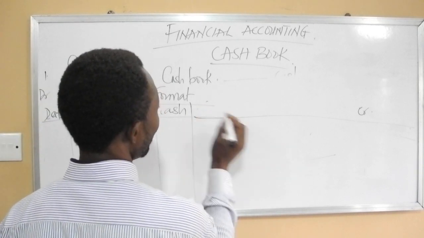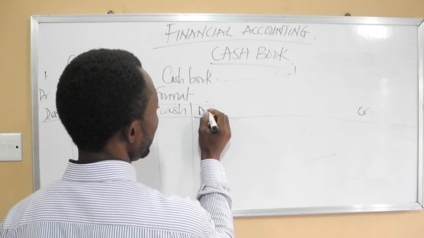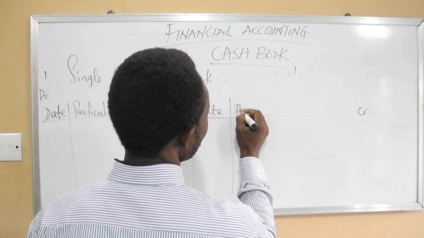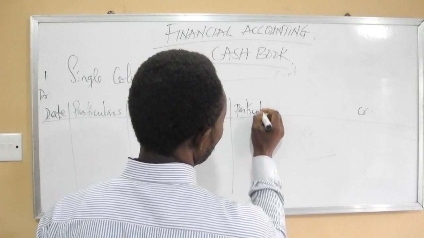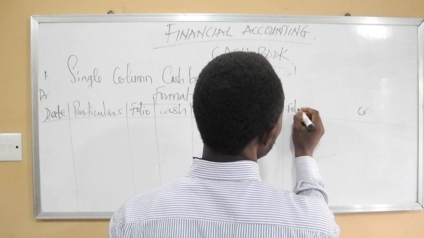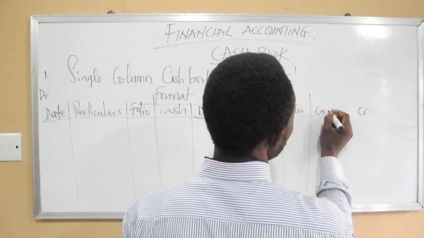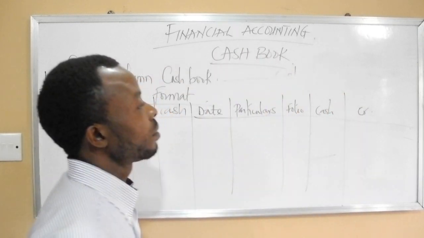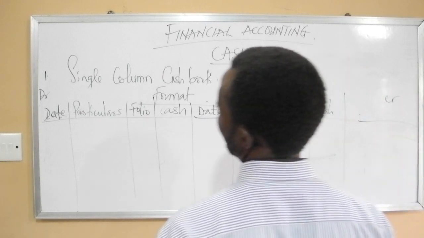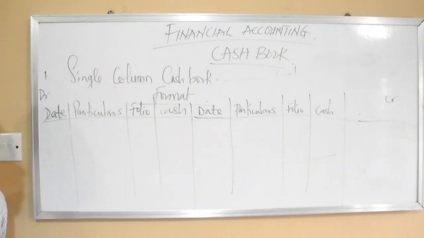So after you have your cash, the next thing here you have your date, particulars, folio. Okay. Then you have cash. All right. So these are your credit side, because it follows the rules of double entry. So this is just the format for a single column cash book.